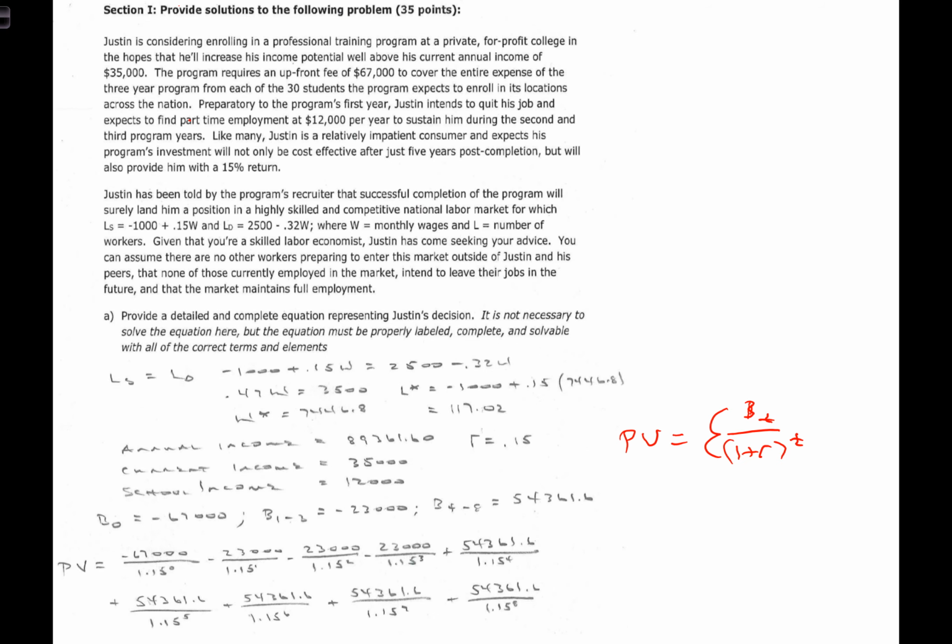Well, what you had to do here was think about the labor supply equation. Labor supply was negative 1,000 plus 0.15 W. But now we have 30 new entrants into this market, so the labor supply equation changes, and we have to think about it from that standpoint. We also can think about it from the standpoint of what that would do to labor demand.